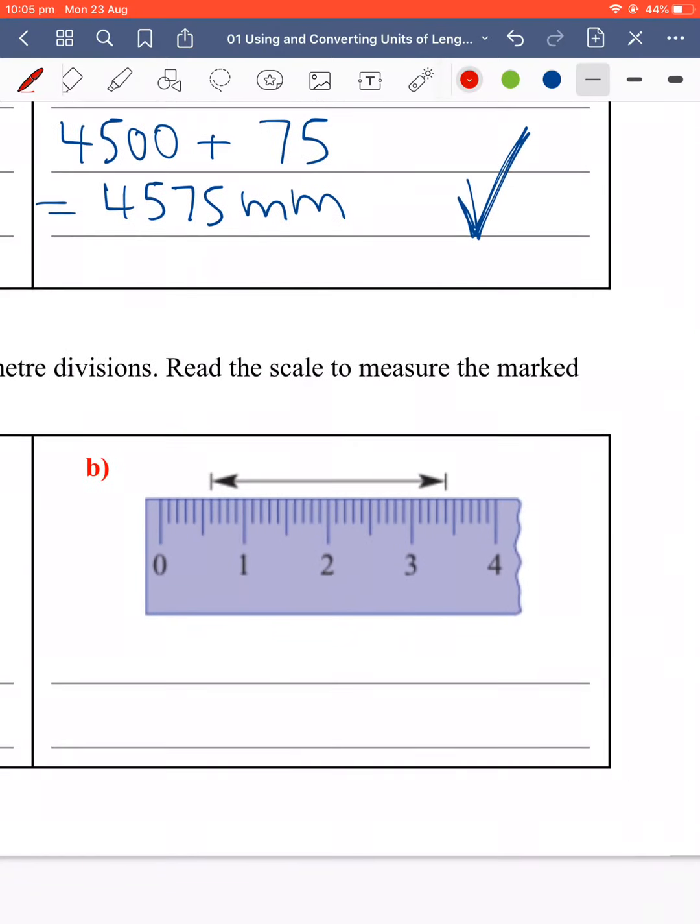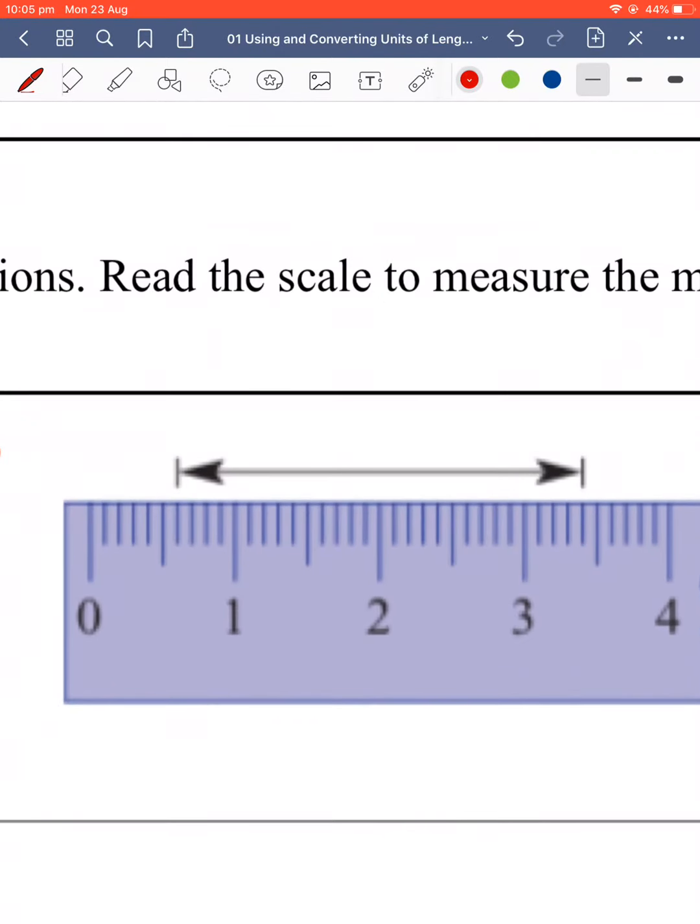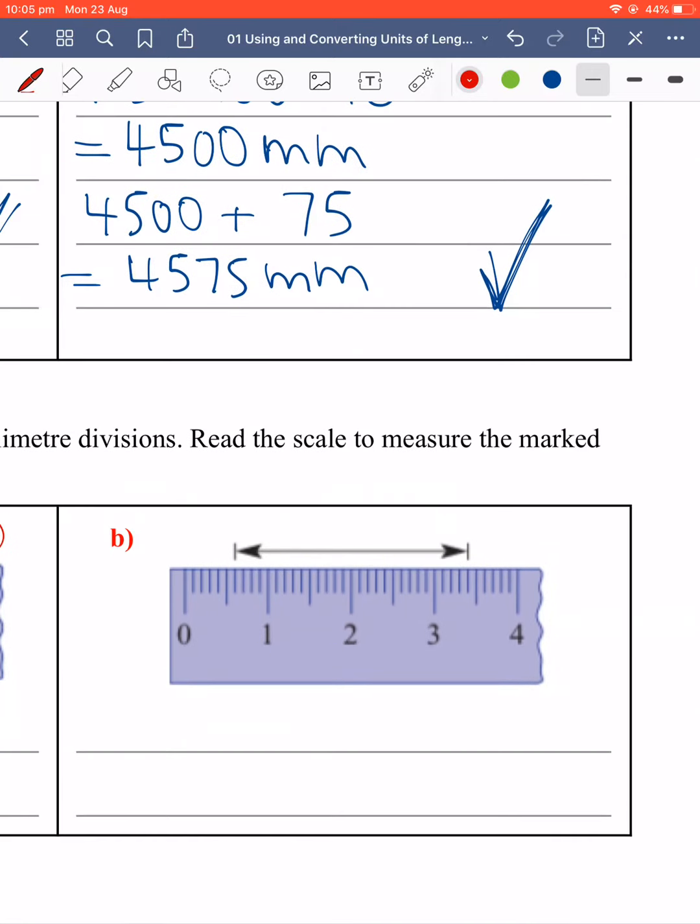Next one over. I'm getting into my millimeter stages, so I'm going to show this in two different ways. I'm going to show you what it is in millimeters, and as well what it is in centimeters. Usually it will tell you what you're after.